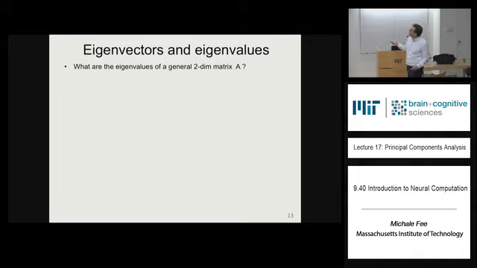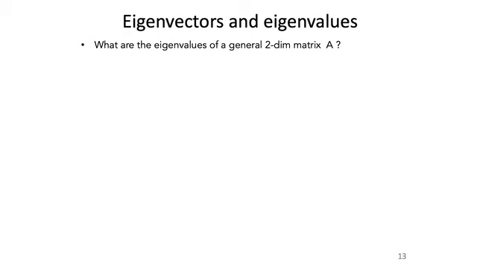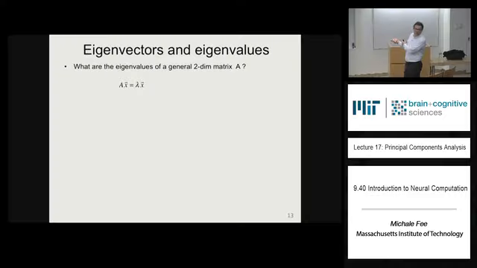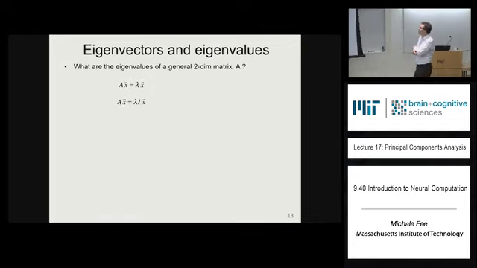Okay, so now let's calculate what the eigenvalues are for a general two-dimensional matrix A. So here's our matrix A. That's an eigenvector. Any vector x that satisfies that equation is called an eigenvector, and lambda is the eigenvalue associated with that eigenvector.